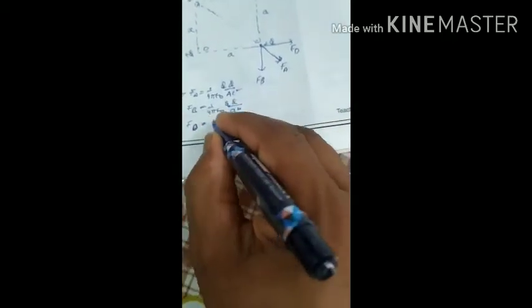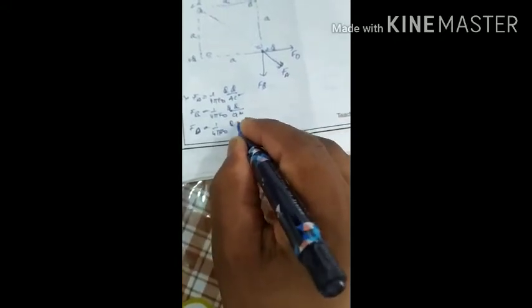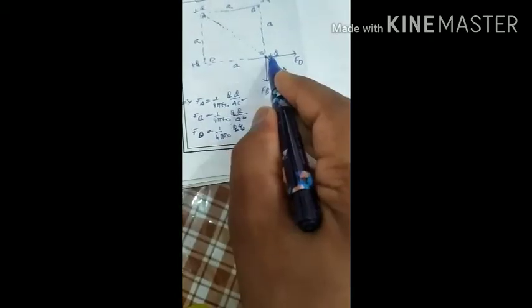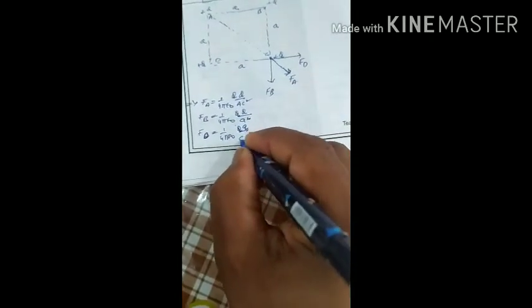Similarly, FD is 1 upon 4 pi epsilon naught Q square upon, again, small a square.